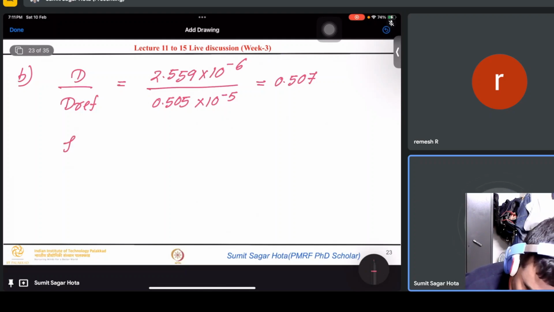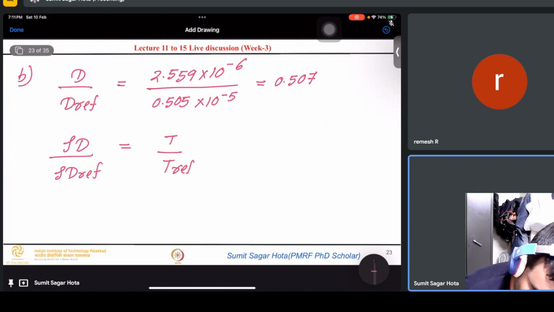Now if you calculate rho D by rho D_ref, we have already the formula: D by D_ref to the power 1 by 2.